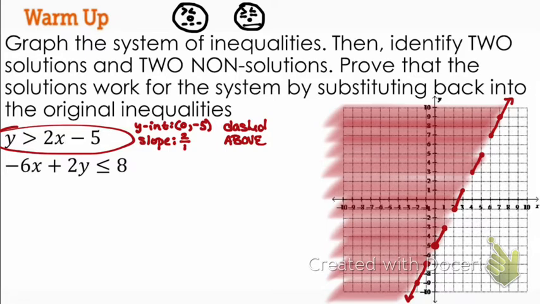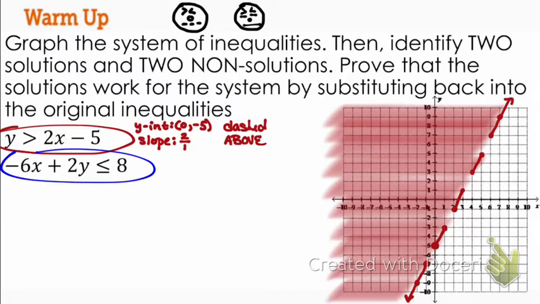And then we come down to this other inequality. Is this bottom inequality in a form where I can just graph it right now as is, like the one up above? No. What do I need to do to this first then?